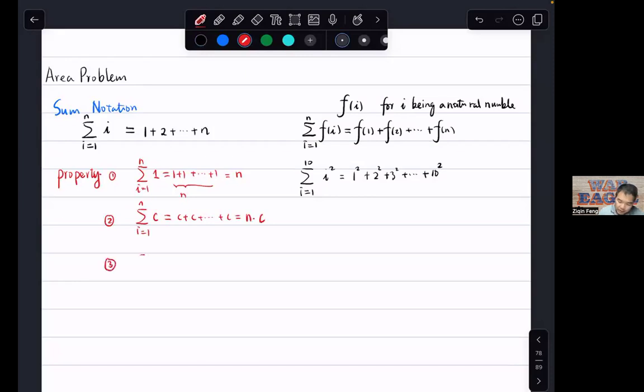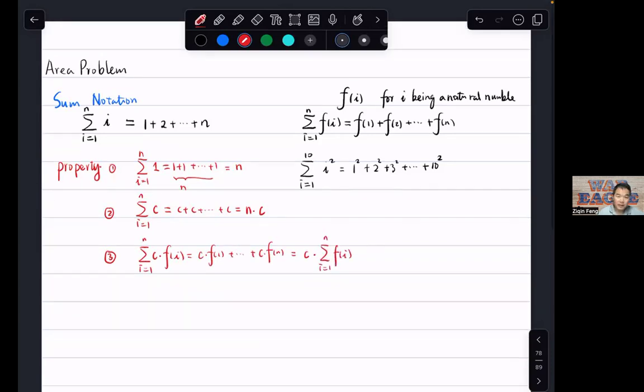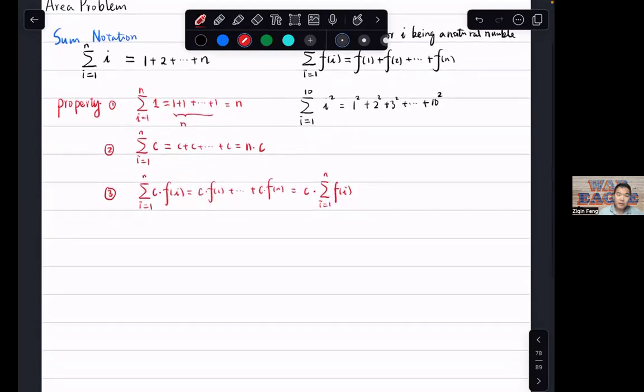Third, in general, if you have summation i from 1 to n of C times f(i), then C is a common factor: C times f(1) plus all the way to C times f(n). So this is C times summation i from 1 to n of f(i). So you can take the common factor out. A few identities we should know.